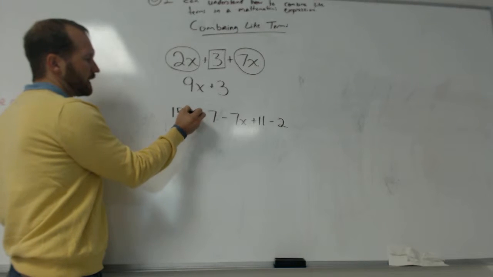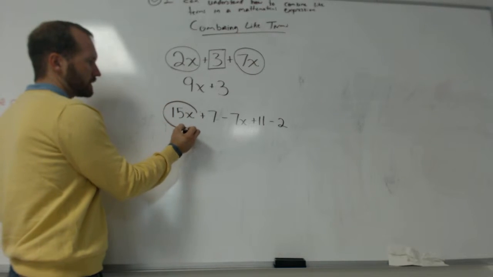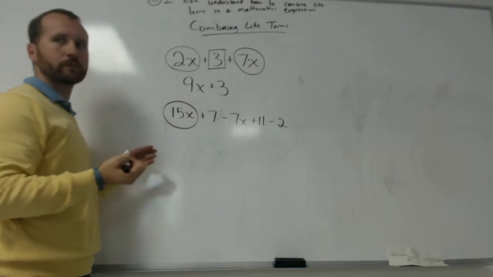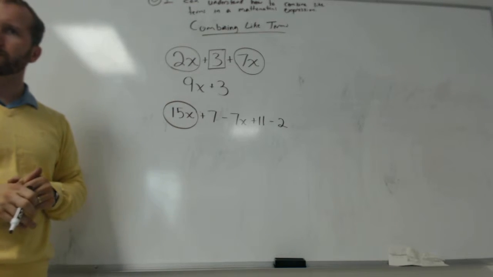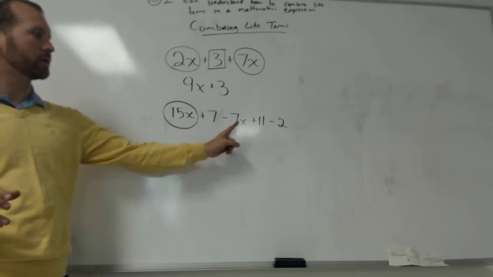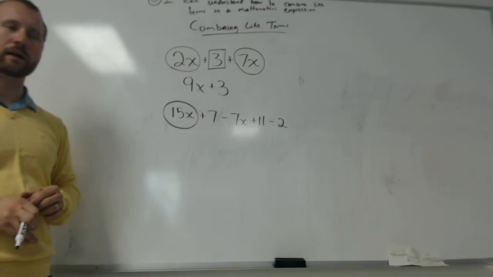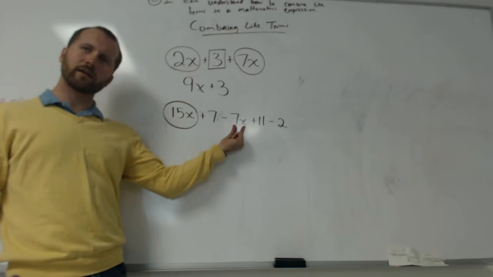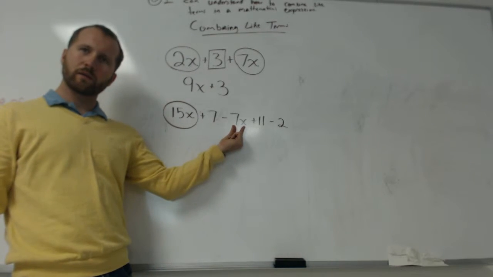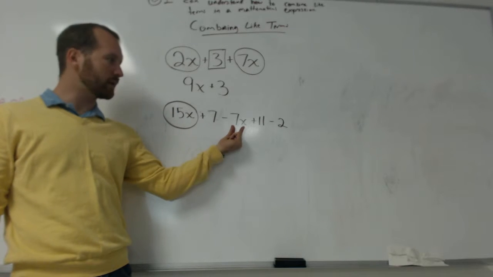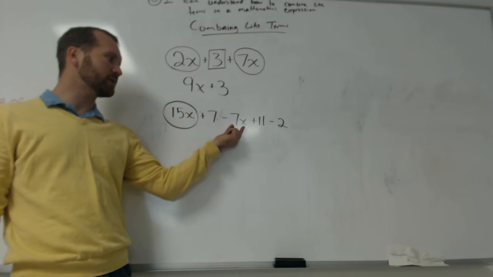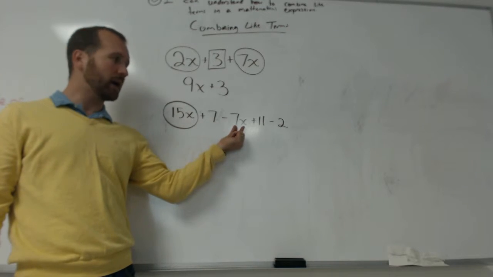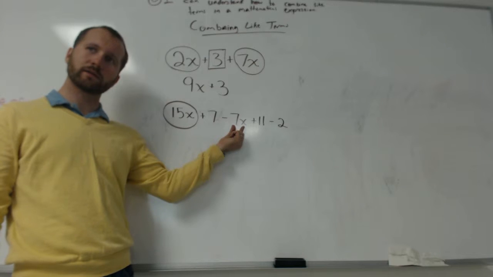So starting with 15x, what's the next x term? Looking at this expression, what's the other thing up here that has an x? It's 7x. Okay, good. You've identified it. And I want you to look at the whole thing, because in an expression like this, the negative has to travel with the number that it's connected to. So my x term is not 7x.